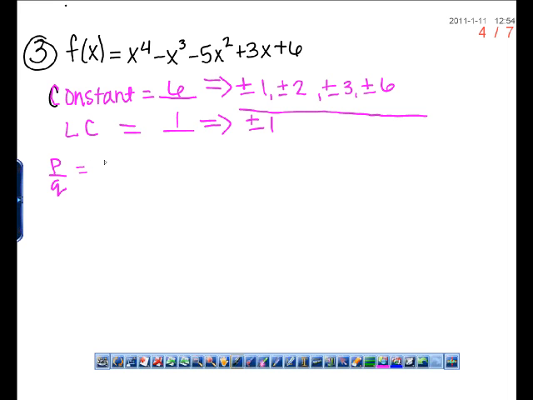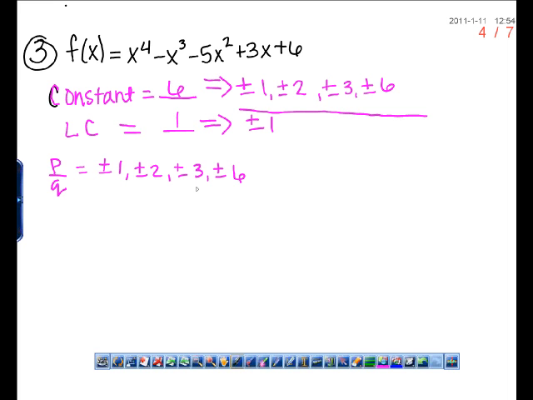So P over Q in this case is plus or minus 1, plus or minus 2, plus or minus 3, plus or minus 6. How many possible rational roots are listed here? 8. Could they all be roots? No, why not?